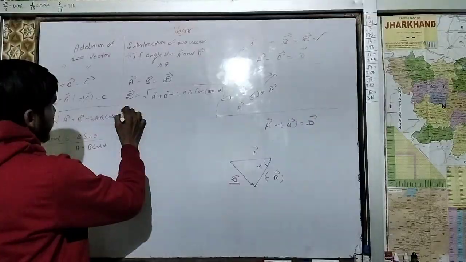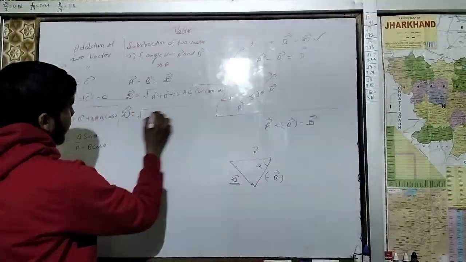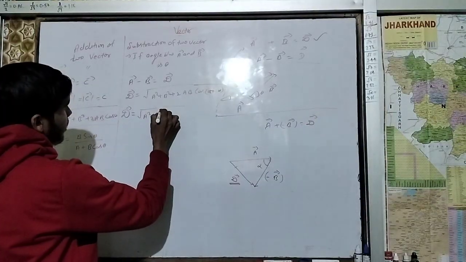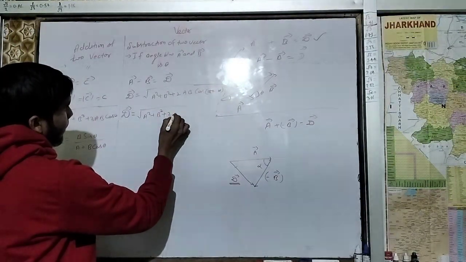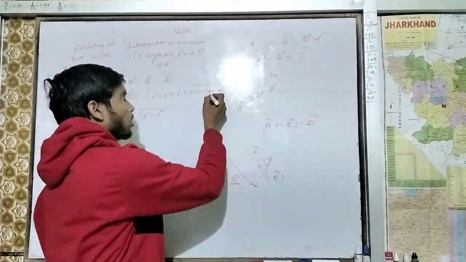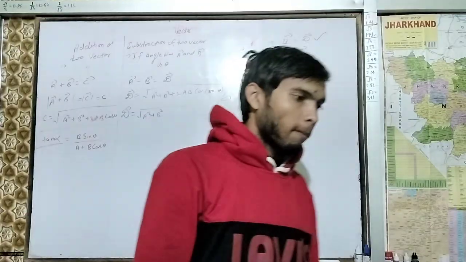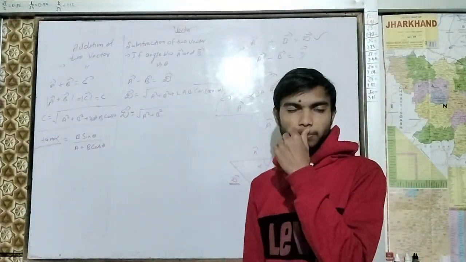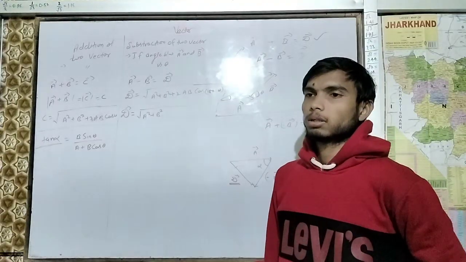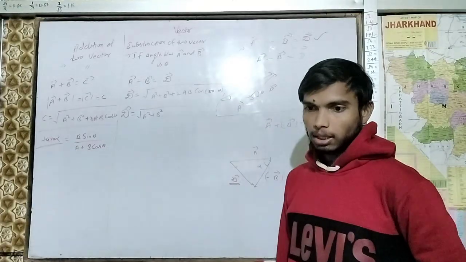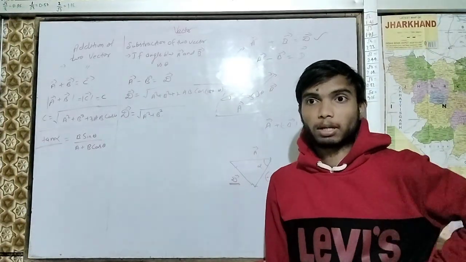Now tell me one thing. Cos is coming in which quadrant? It is coming 180 minus theta.